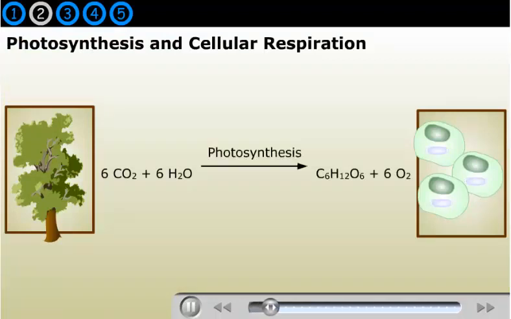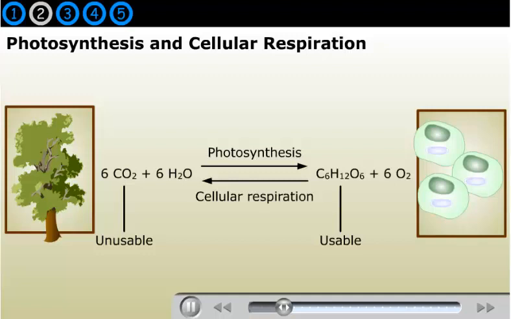During photosynthesis, carbon dioxide is used to generate oxygen and carbohydrates, which are used for chemical energy. The carbon is incorporated back into carbon dioxide during cellular respiration. Photosynthesis and cellular respiration cycle carbon between forms that are unusable and usable by heterotrophs.